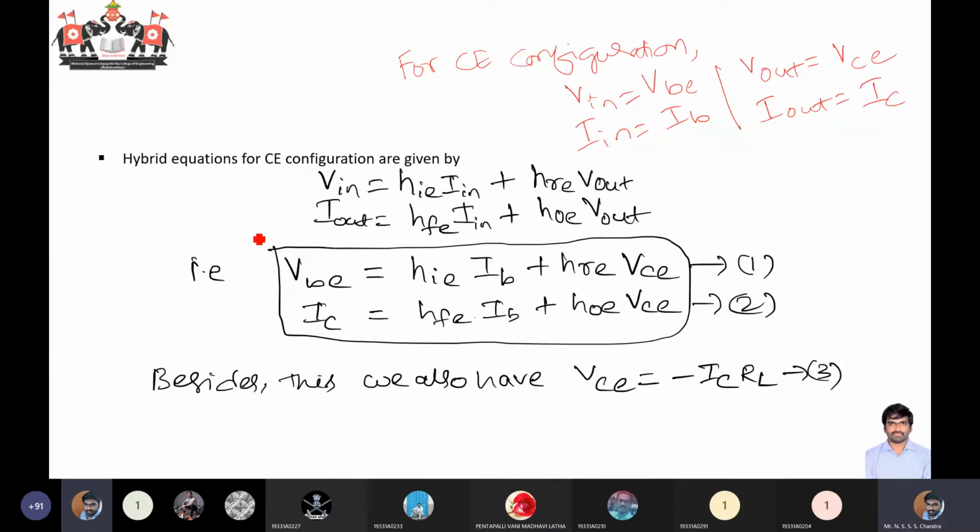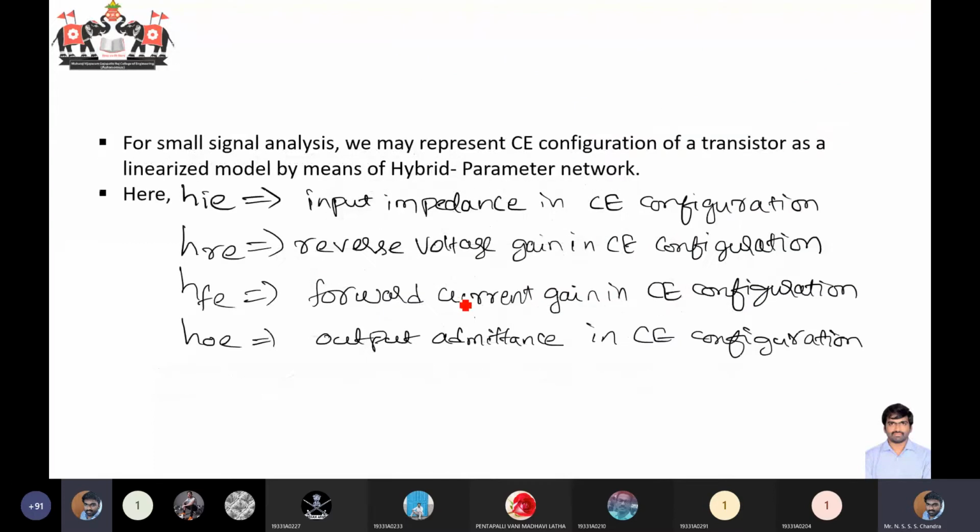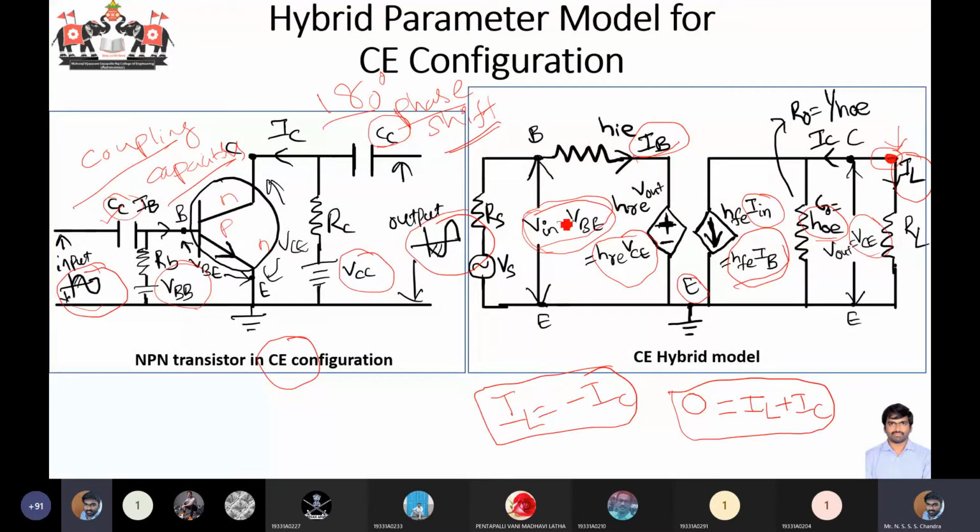Okay, that's what I'm writing here. So VBE is equal to HIE into IB plus HRE into VCE, and IC is equal to HFE into IB plus HOE into VCE. Okay, now if you go back to the circuit diagram, I'll clear this.